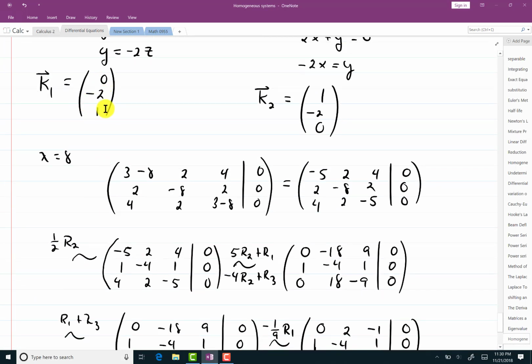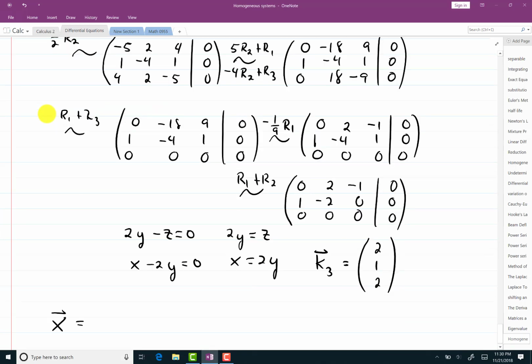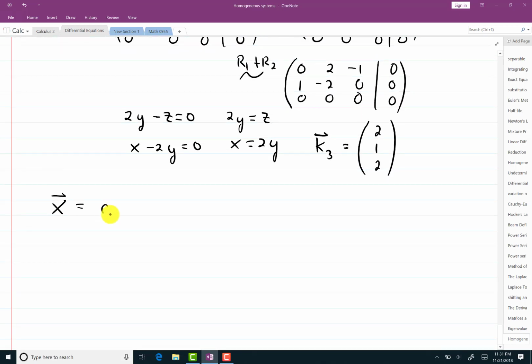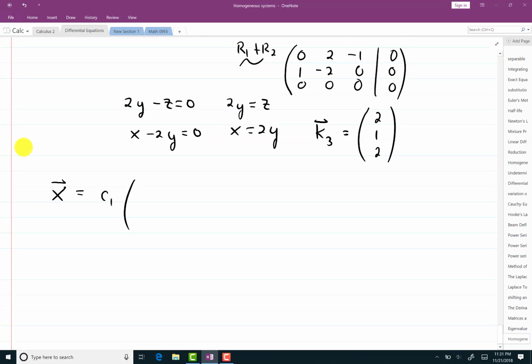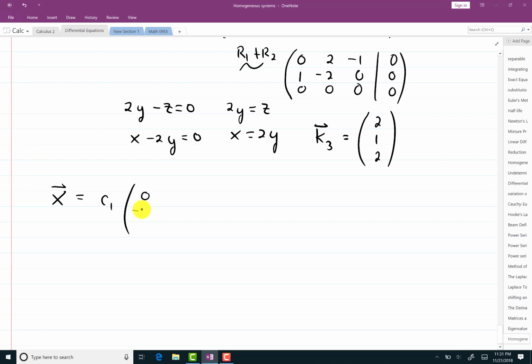These two here will each be attached to, of course, different constants. C1, let's go back and get my K1, 0, negative 2, 1, and that was attached to negative 1 for the eigenvalue.